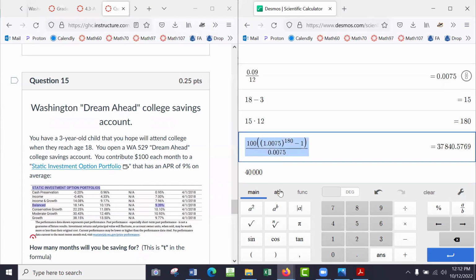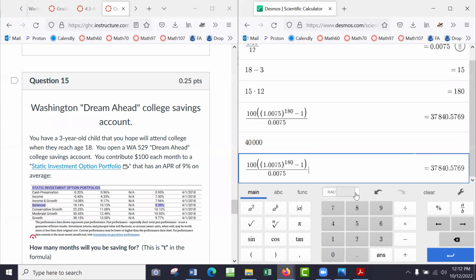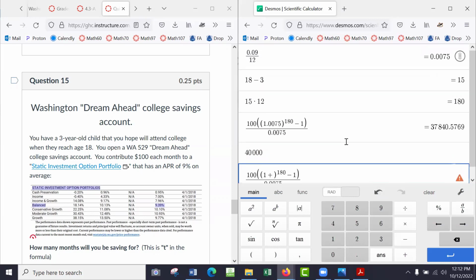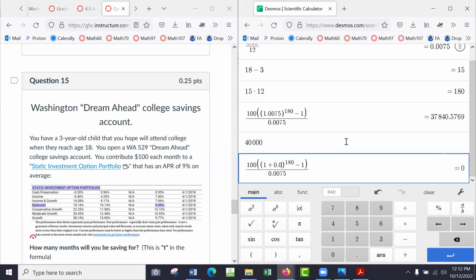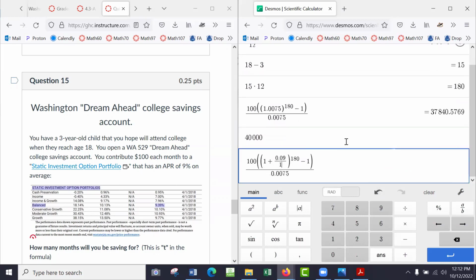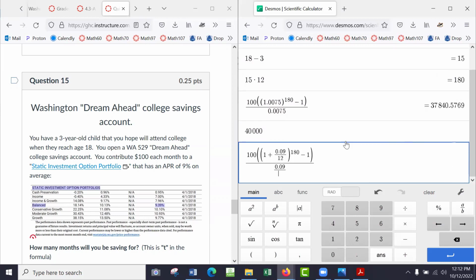And just to revisit that calculation, there are other ways. We could have done 1 plus 0.09 over 12, right? And on the bottom, that could be 0.09 over 12. That's another way of doing it, right? And that would give you the same thing.